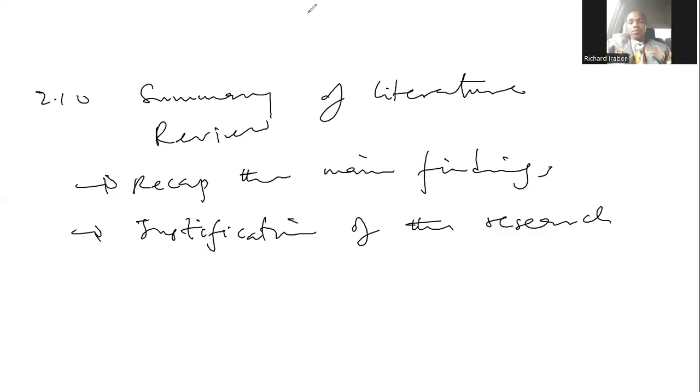But mind you, you have to be careful not to deviate, because your objective or your aim is the primary thing here. Everything must revolve around the aim. At the end of the day, you're able to build a very robust body of knowledge in your literature review.